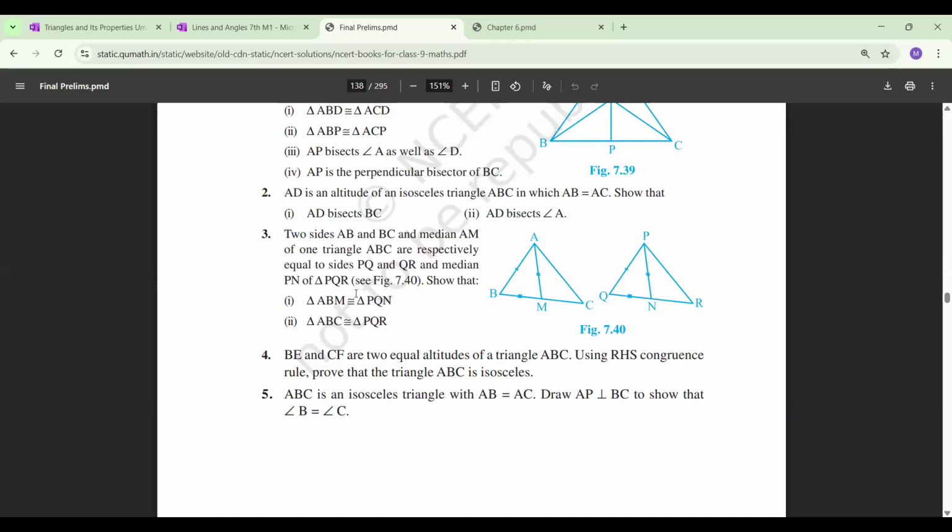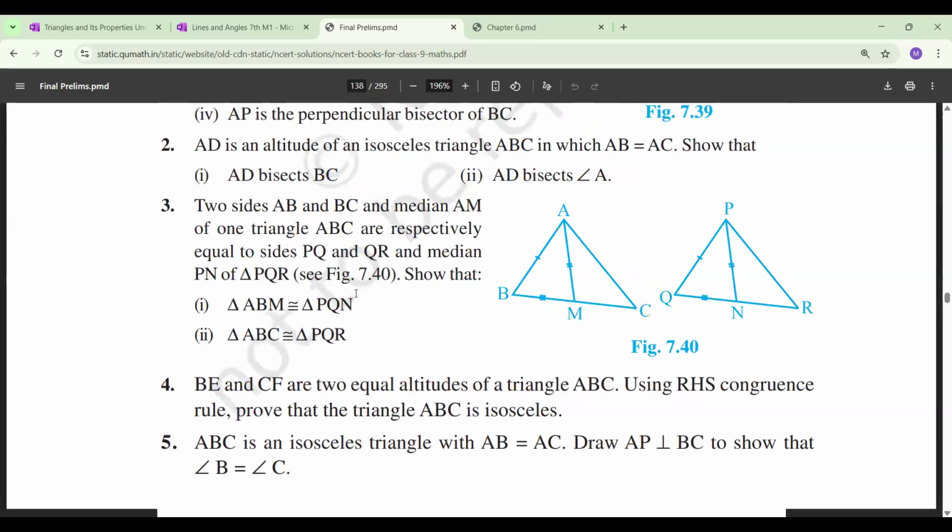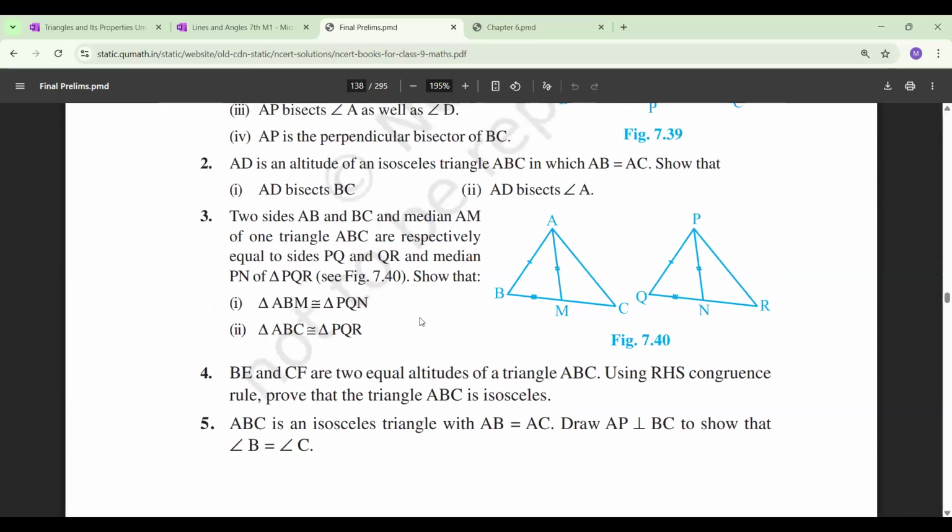See, guys, in question 3 it says two sides AB and BC and median AM of one triangle ABC are respectively equal to those of the other triangle.